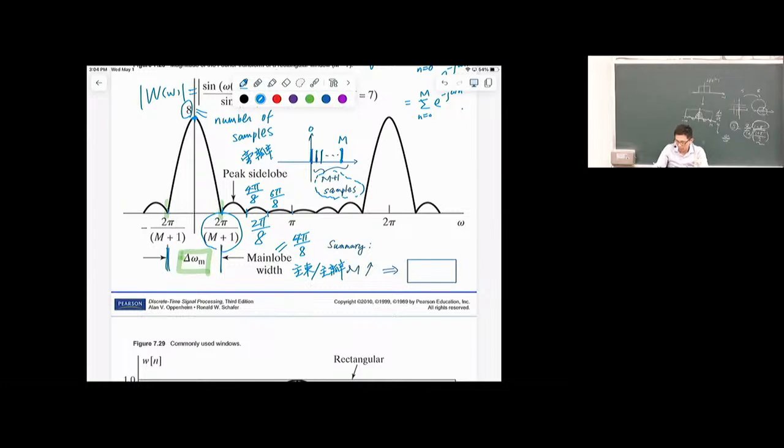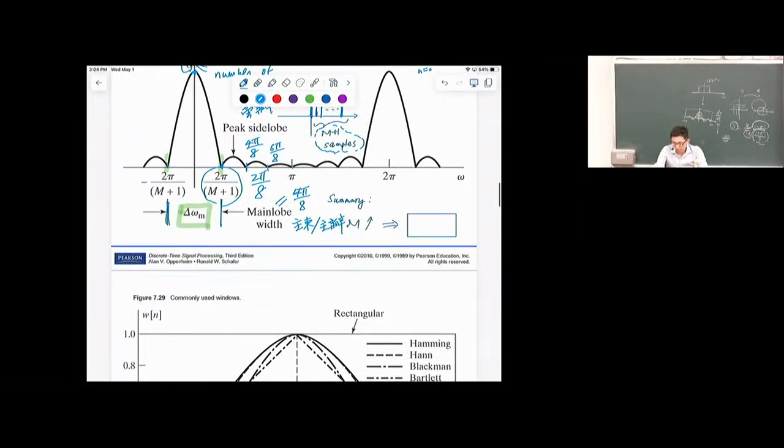Hopefully we will all get familiar with the idea that when the length of the window increases, the peak is going to grow, and the width of the main lobe is going down, inversely proportionally. The width of the main lobe is inversely proportional to the length of the window in the time domain. Okay.